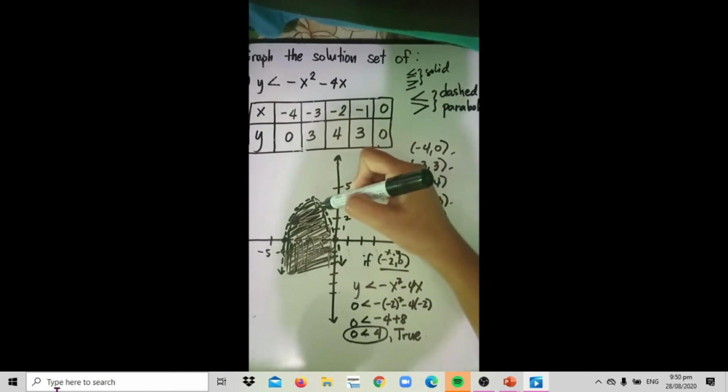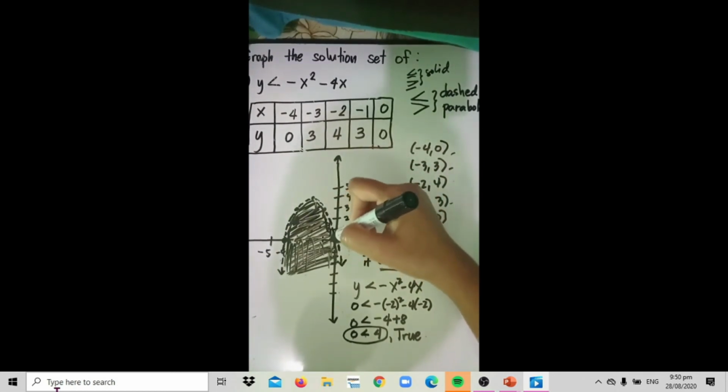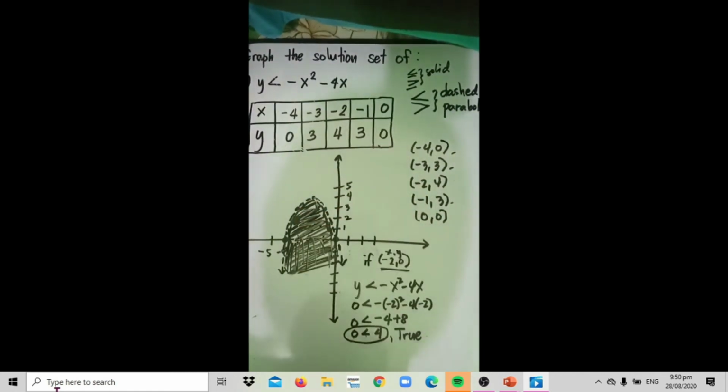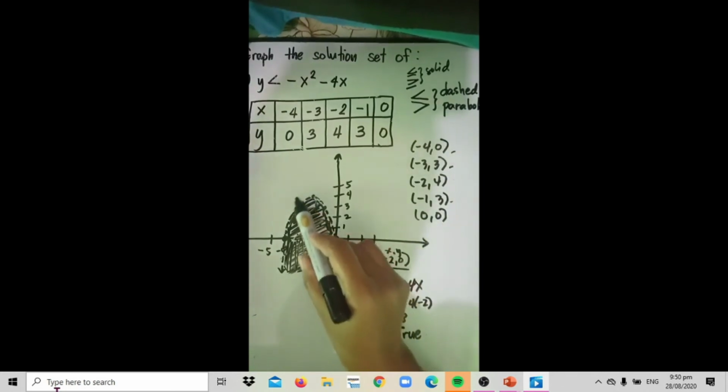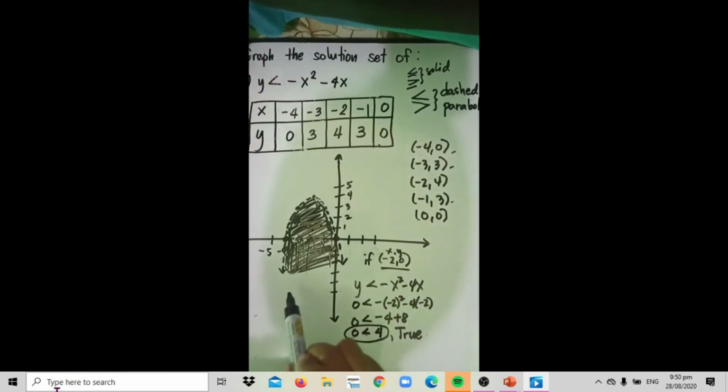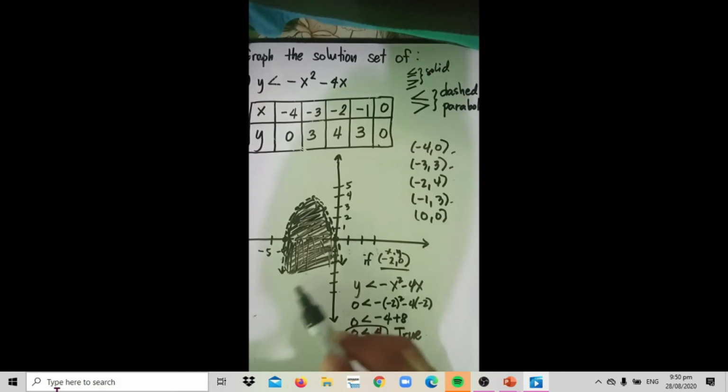Yung broken line, it means na hindi kasama yung mga points along the parabola. Hindi kasama sa solution set yung parabola natin. Okay? Yung mga points along the parabola rather. So, take note, pag dash yung parabola natin, ibig sabihin, yung mga points along the parabola are not part of the solution set.